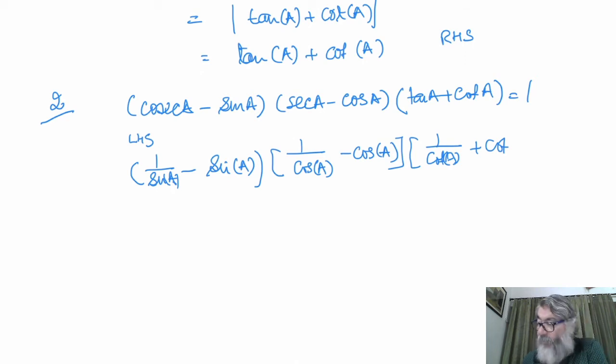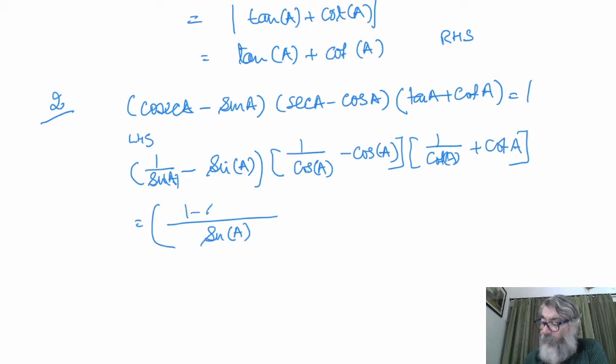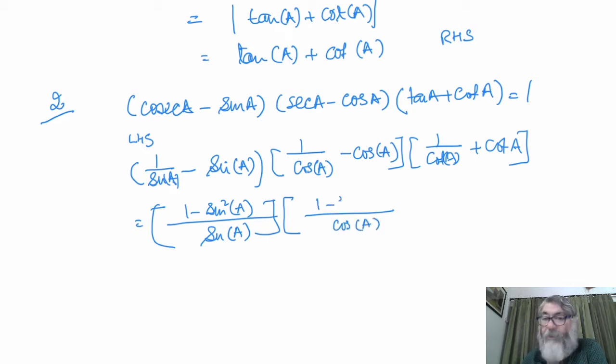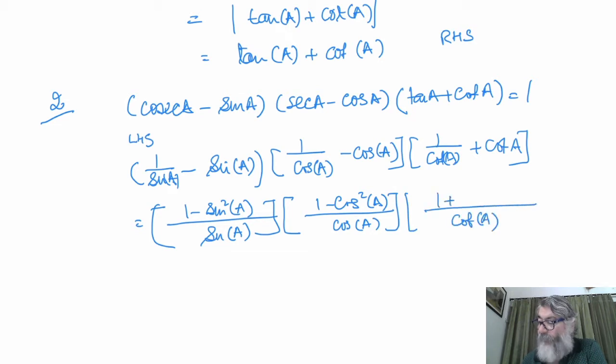Yes, it is plus cot A. Now what will it become if I take sin A as the LCM here? If I take sin A as LCM, I get 1 minus sin square A. If I take cos A as LCM, then I will get 1 minus cos square A. And in the third bracket, if I take cot A as the LCM, I get 1 plus cot square A.